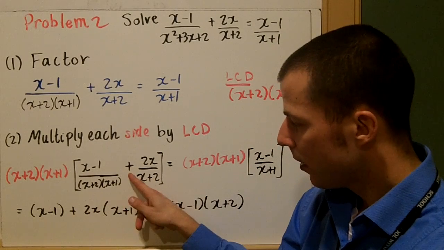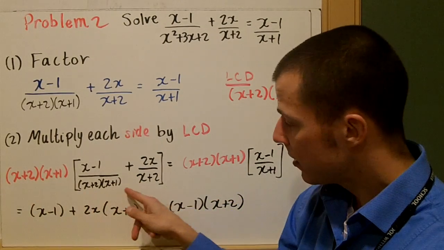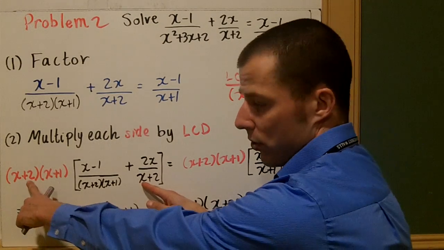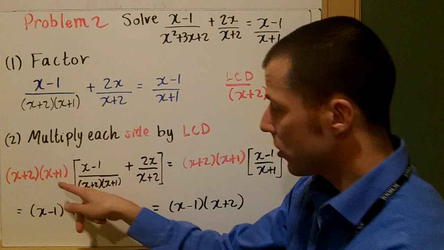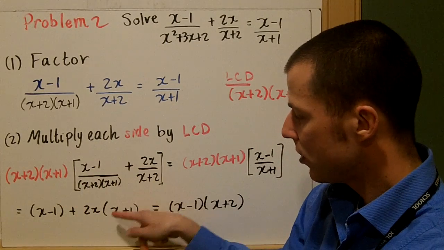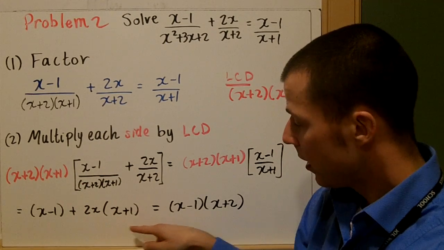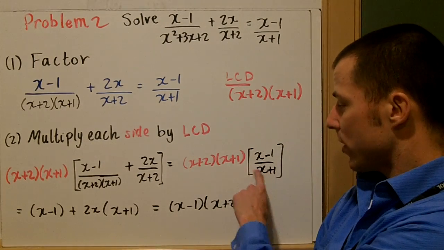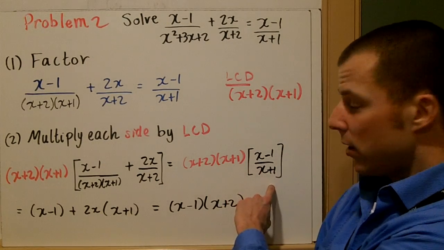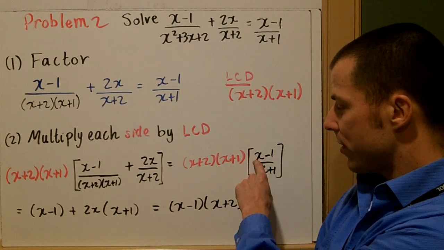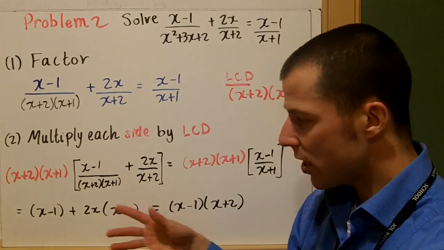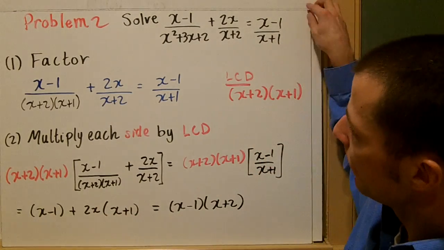Plus, we have to distribute the LCD to this second rational expression. When we do that, the x plus 2's become 1, so you're just left with x plus 1 times 2x, and that's equal to, on the right side, x plus 1 and x plus 1 become 1, so you're left with x plus 2 times x minus 1. So here's our simplified equation after we distribute the LCD.